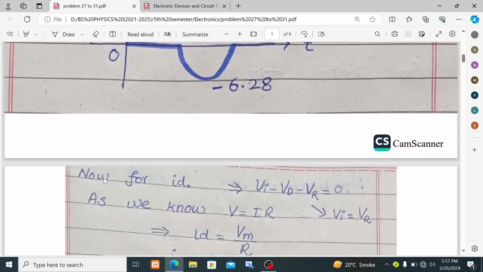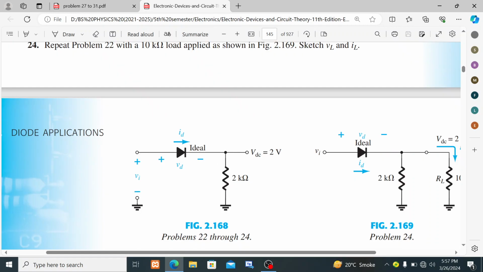The next thing is ID. So we solve for ID. First we see this figure. From this figure we can find ID. ID is the diode current, which is equal to the resistor current, because this is a series circuit. For a series circuit the current is the same.